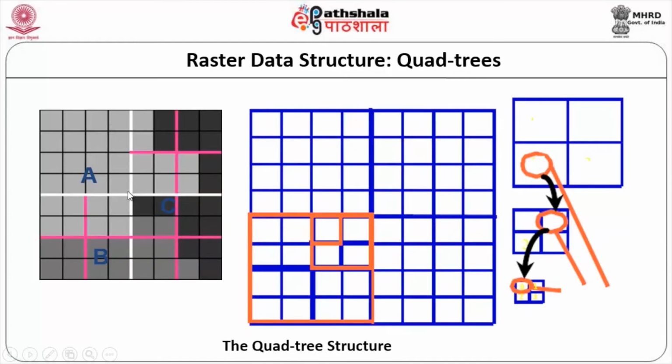The entire A, that is your object A, is covering this entire northwest. In southwest you have part covered by B, part covered by A. So, obviously I cannot consider this as a single object, hence I divide this into 4 quadrants.